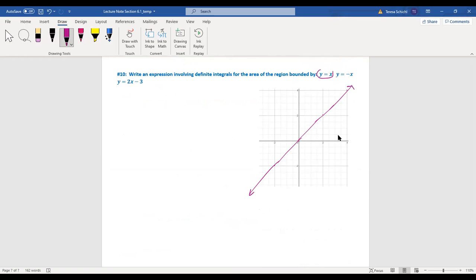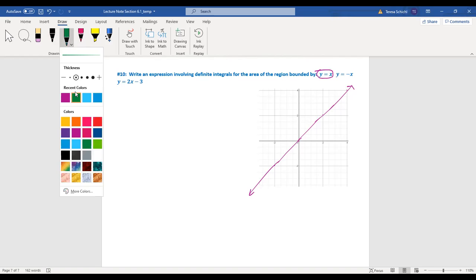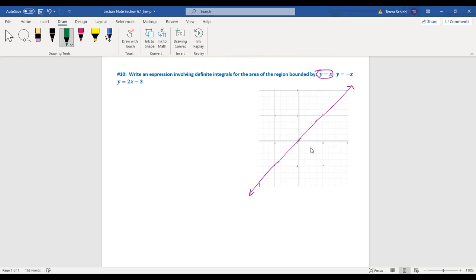So I use the color coding here. Now let's take a look at y equal to -x, which will be this other diagonal.